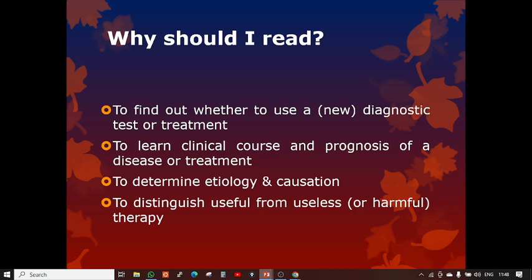So before being a writer, you must be a good reader. So how do you read a research paper? Once you have published a research paper, someone has to read it.